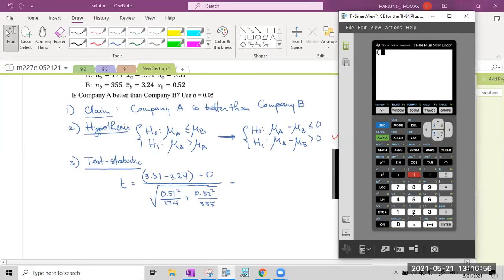So parentheses 3.51 minus 3.24, because they use different degrees of freedom. Now our t-score test statistic should be the same though. Over the square root of 0.51 squared over 174 plus 0.52 squared over 355.